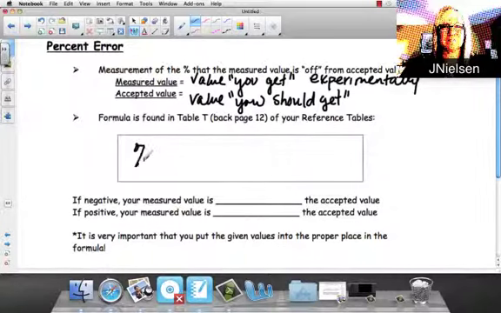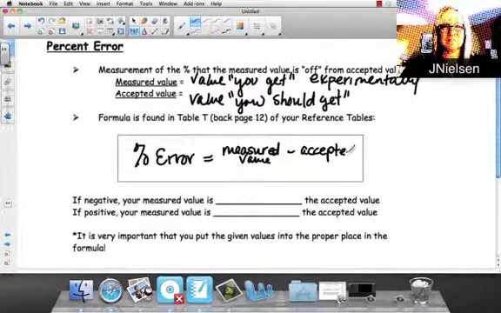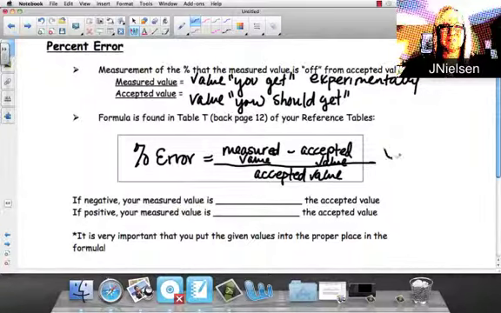So percent error is equal to the measured value minus the accepted value divided by the accepted value times 100.